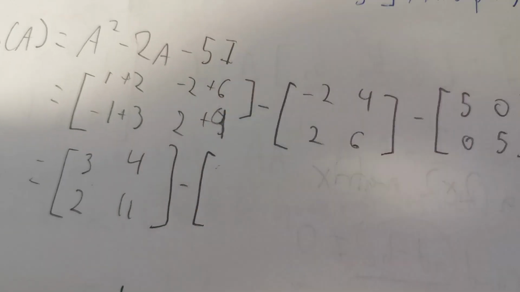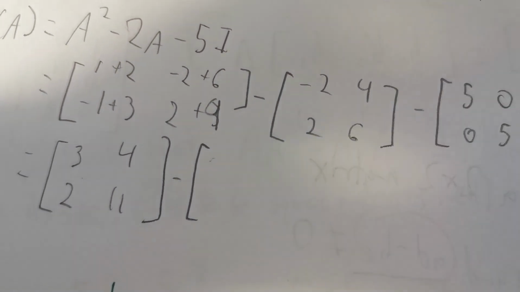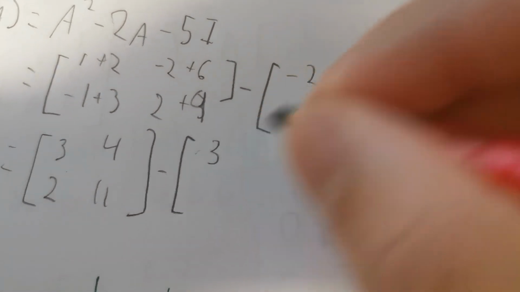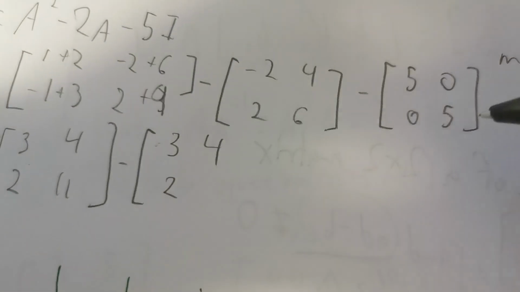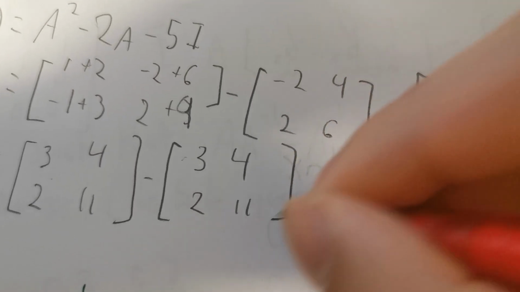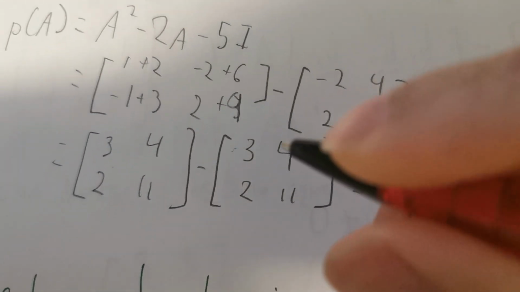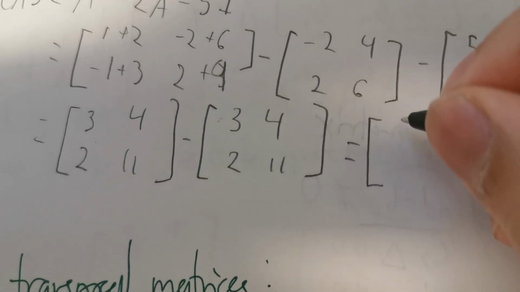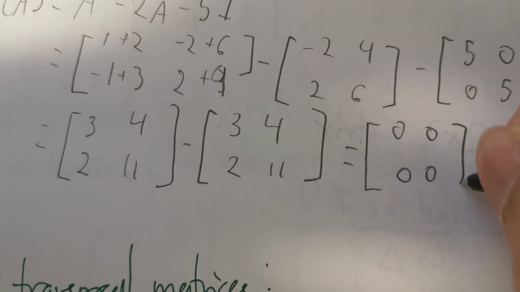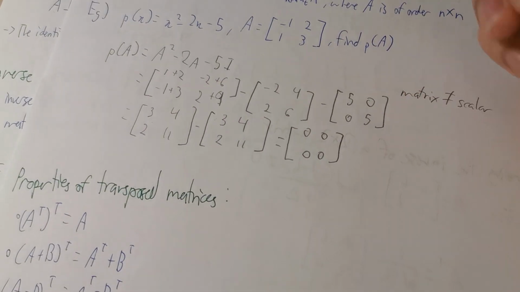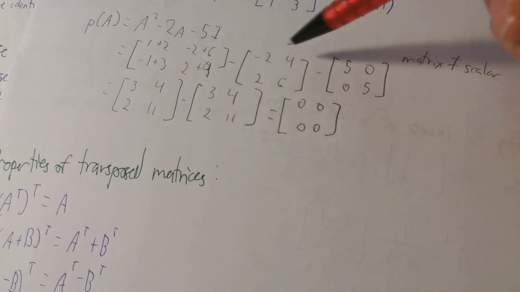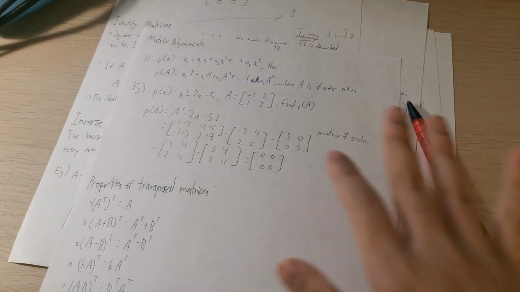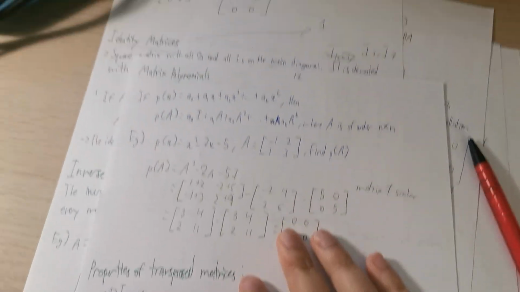Since these two are minus already, I think I'll add on, so that'll be 3, 4, 2, 11. That goes together, and the result is 0, 0, 0, 0. It's a little bit of a funny thing. Just double checking that is the case. Yeah, okay. Well, that's that.